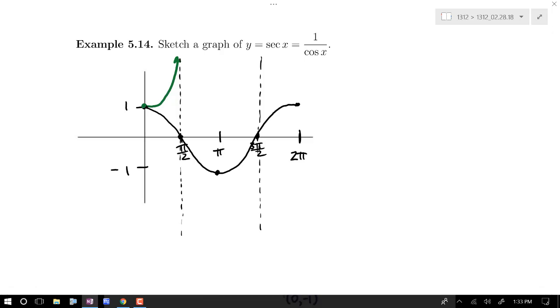How about in the middle of the asymptotes? Is it going to do the opposite? Yeah. Meet there and then go down. So they meet here, and then this guy goes down. And then between 3 pi over 2 and 2 pi, we just have the mirror image of what's happening at 0 to pi over 2, right?